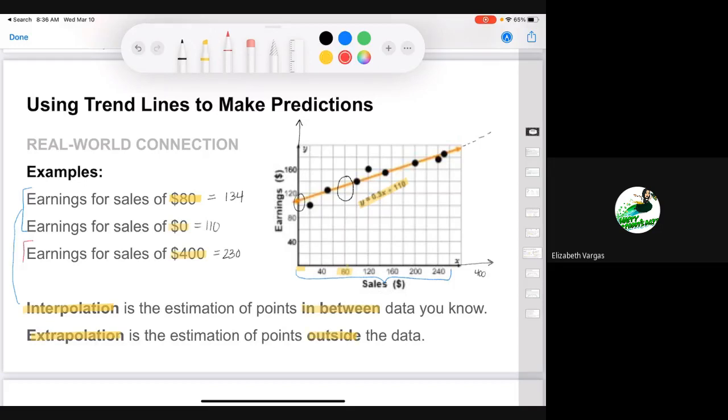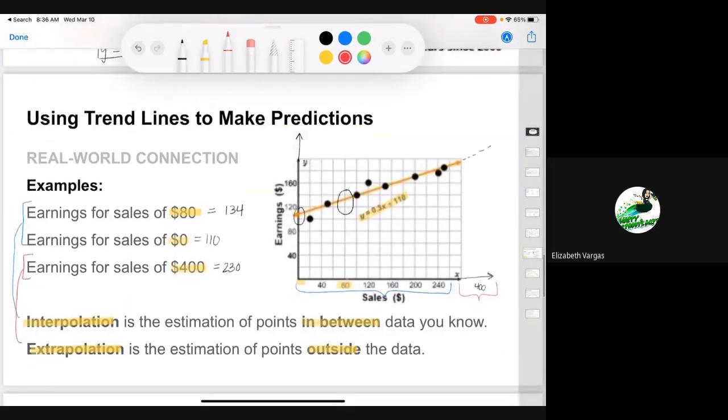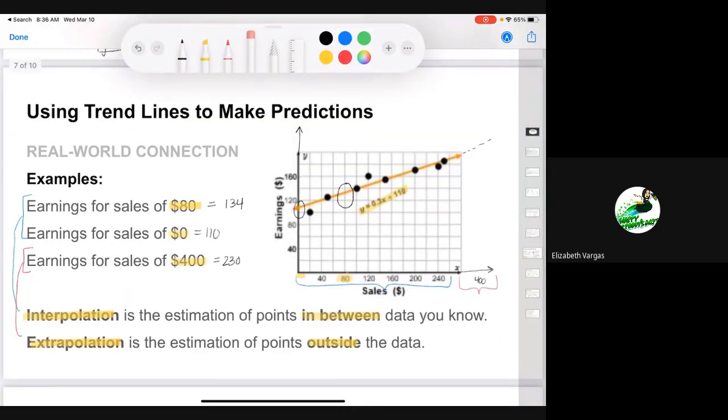So that would be this one right here. And why is that extrapolation? Because it is asking us to identify earnings for sales of 400, which is beyond the data set that we are originally given. So by finding the equation of the trend line, we're able to make predictions using interpolation or extrapolation by plugging in different x values into our trend line equation.